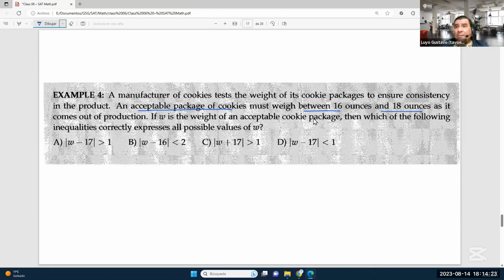We define the variable W as the weight of the acceptable cookie package. So what are they telling you? With this statement, they are telling you that W needs to be between 16 and 18. Which one of these inequalities corresponds to this one?